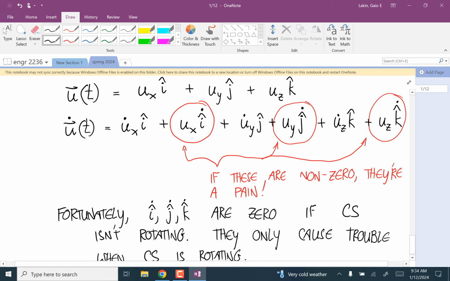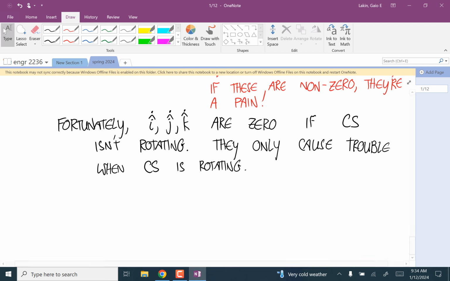The z component is just uz dot. But things go haywire when i dot, j dot, and k dot are non-zero. All I want you to do is have that on your radar, and it's going to come up later. Any questions about product rule?